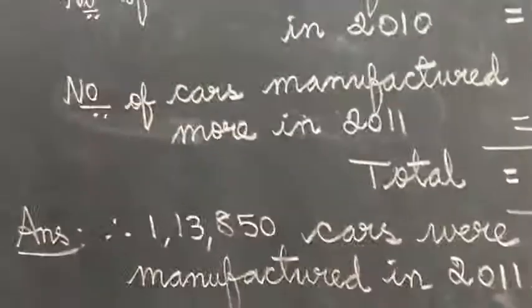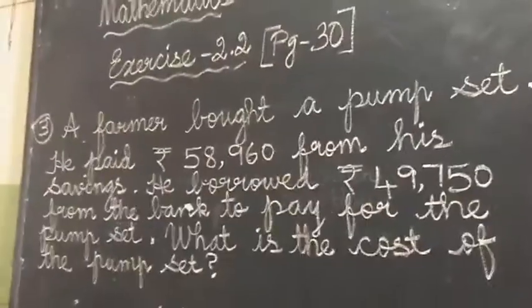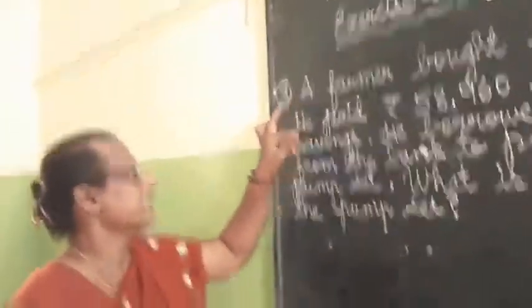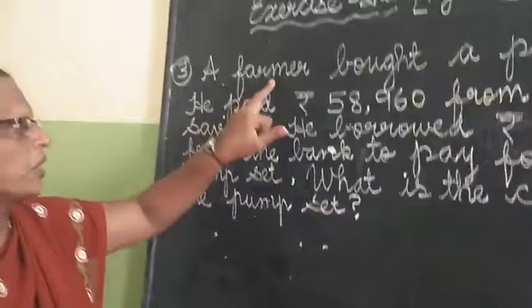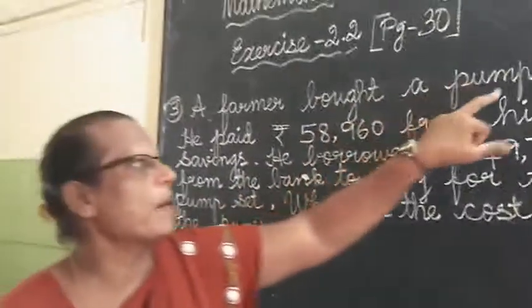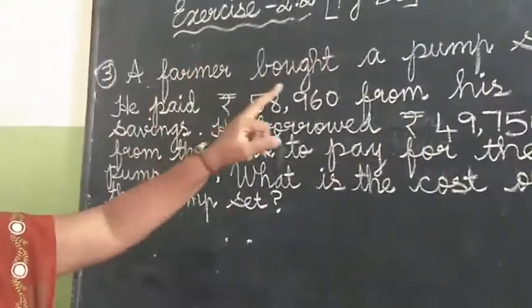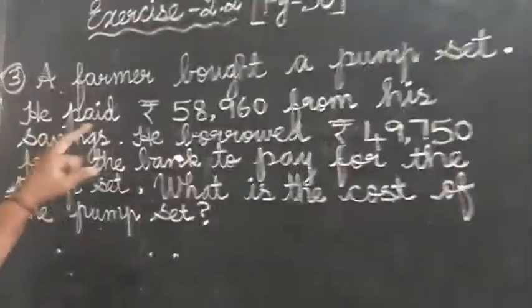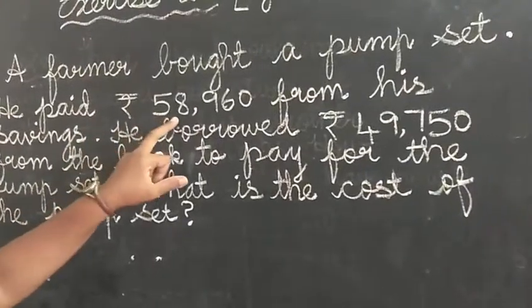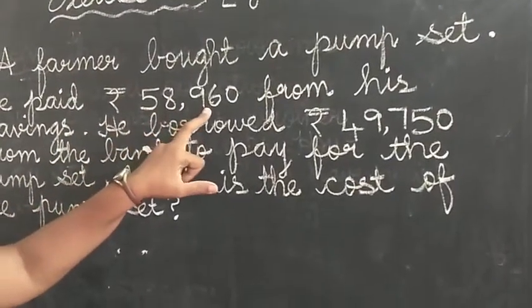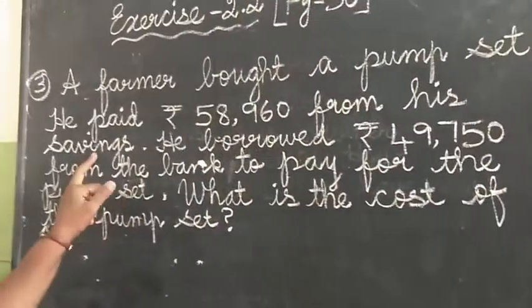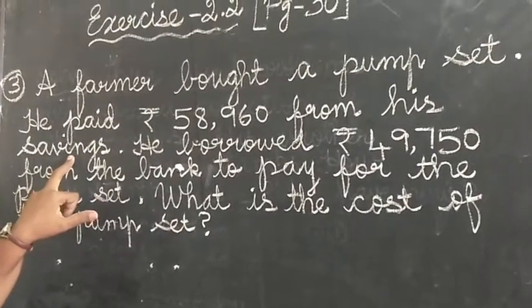Okay, we'll see the third sum. A farmer bought a pump set. He paid rupees 58,960 from his savings. From his savings means he was having with him.